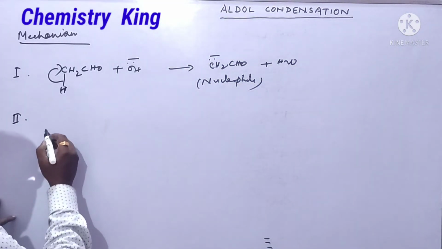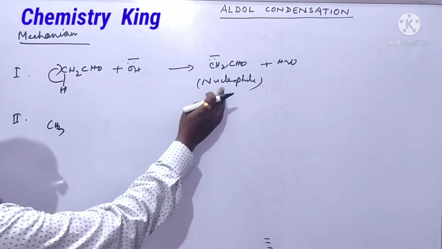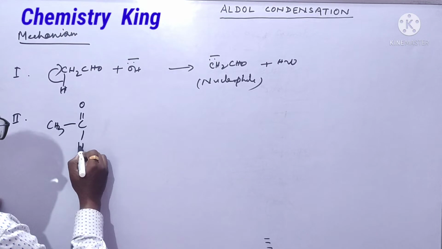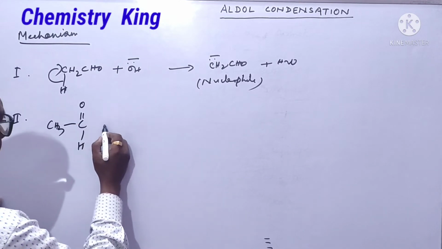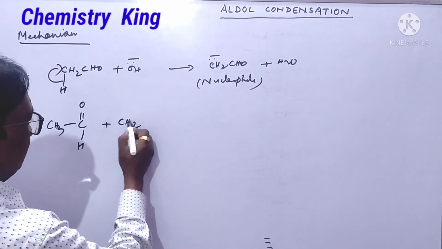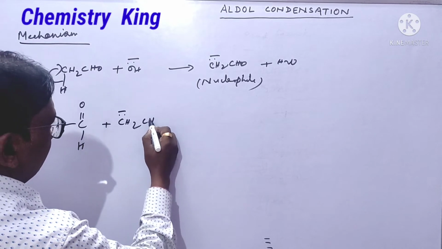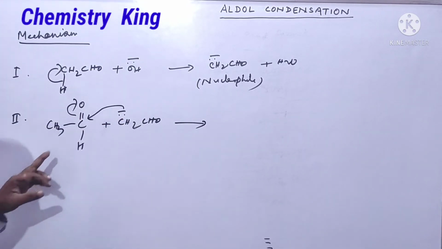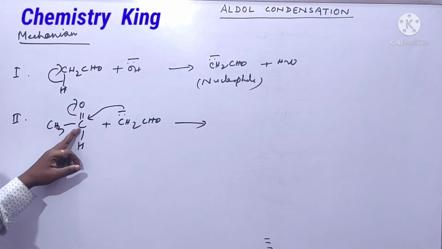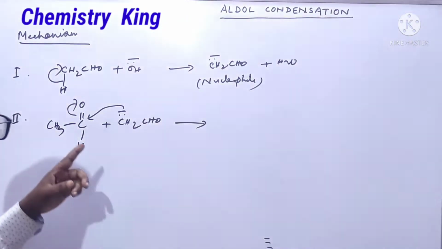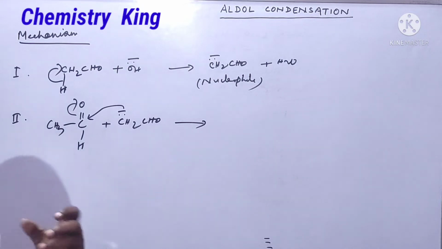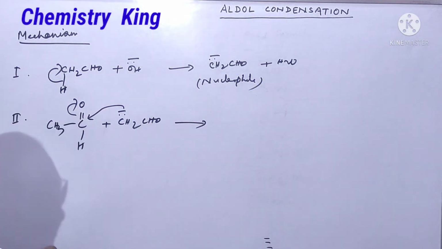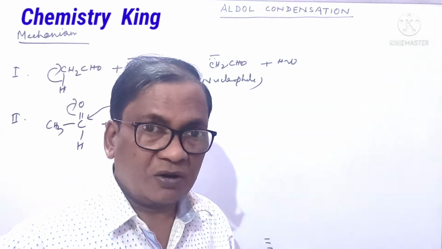In second step, this nucleophile will attack at this carbon. Why? CH2 minus. This is carbonyl carbon, and you know, friends, oxygen is highly electronegative element and it is also attached with carbon with double bond.